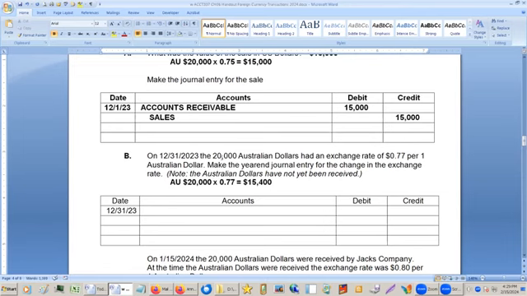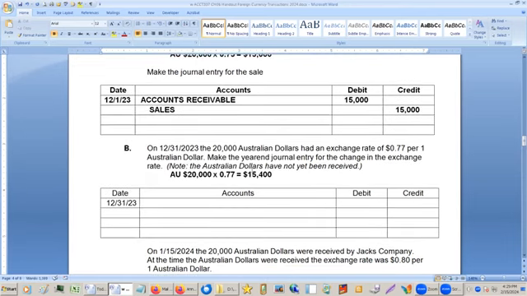Okay, so what are we gonna do with that? If it's not received, is it post dated, or does it just stay pending? They haven't got the cash yet, but we need to record this on the books.